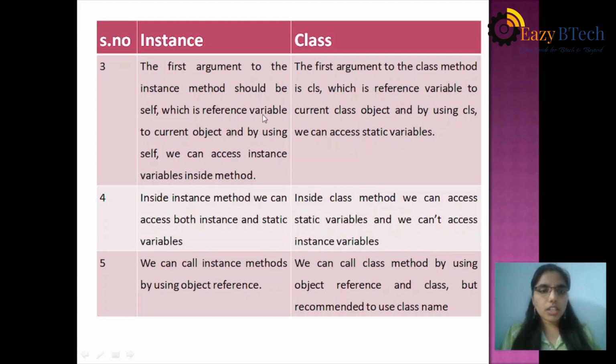Self is the reference variable to the current object, and by using self, we can access instance variables inside the method. CLS is the reference variable to the current class object, and by using CLS, we can access static variables but not instance variables. Inside an instance method, we can access both instance and static variables.